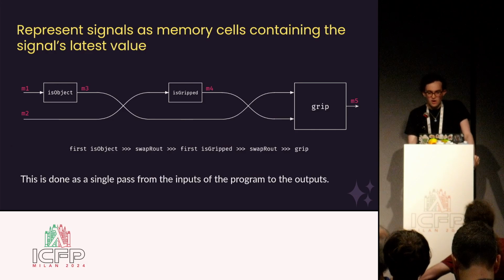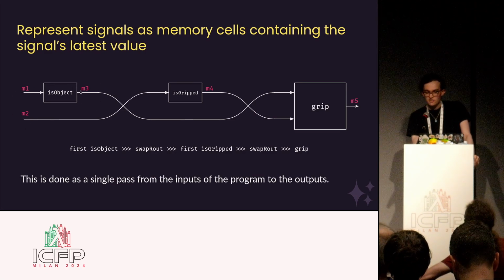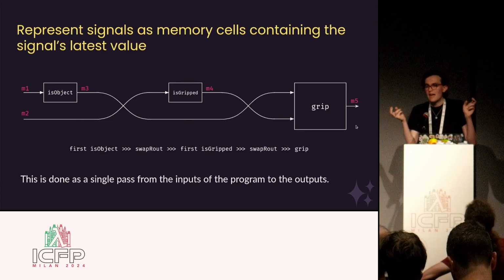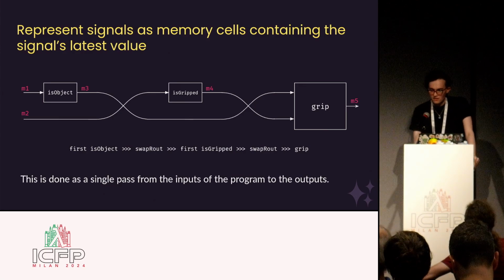So as a single pass from inputs to outputs, the SFRP compilation process gives memory cells to the inputs, and then with each new output we see, we give it a new memory cell. So every wire in this diagram, every signal that we're routing, has a memory cell associated with it.